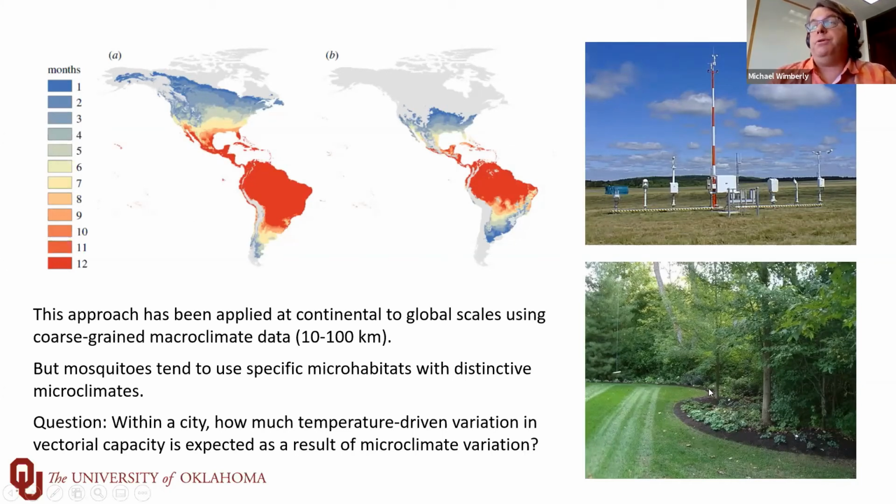They're going to be maybe in someone's backyard, close to trees and buildings, which is where we explicitly do not put weather stations. So we were interested in the question: if we look in a city and we look at variation in the microclimates of that city, how important is that? Does it make a difference?